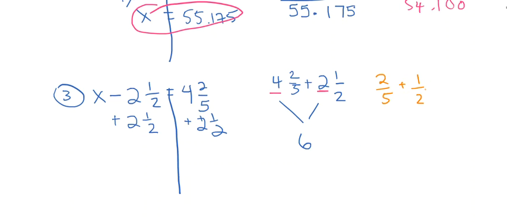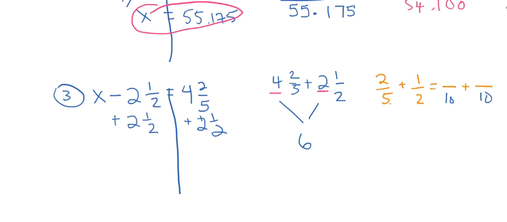When you're adding fractions, remember you need a lowest common denominator. The lowest common denominator between 5 and 2 is 10. So you want 10s over here.